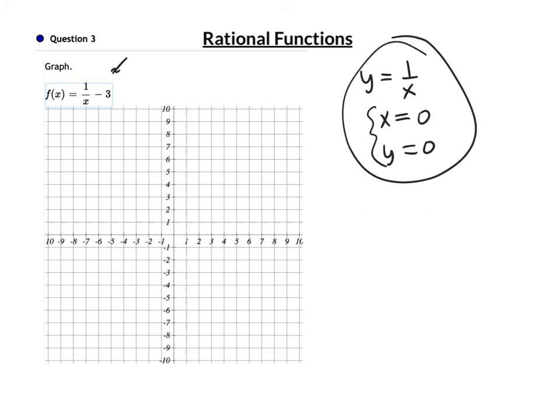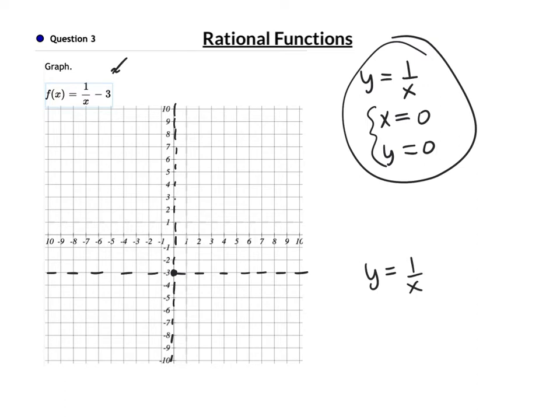This one's been changed though, but only one asymptote will change. We have a y transformation of down 3. That means the normal asymptote of the x-axis is going to get moved down 3. Just imagine that this is the origin and that you're graphing y equals 1 over x.